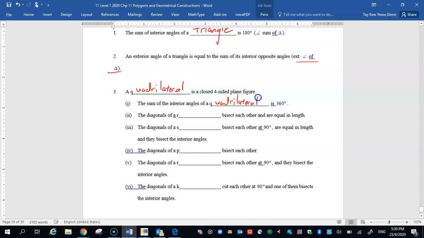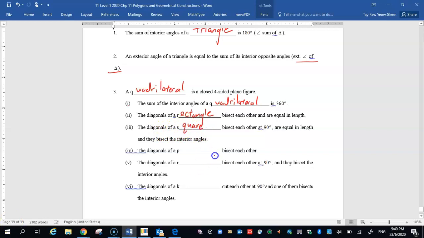The diagonals of what bisect each other and are equal in length? In this case it will be the rectangle. And the next one, the diagonals of a square.